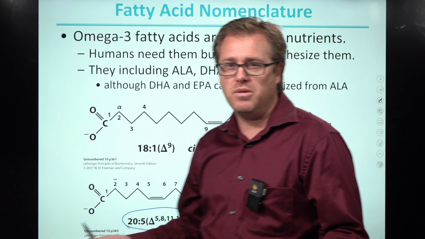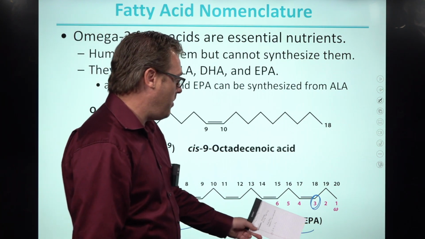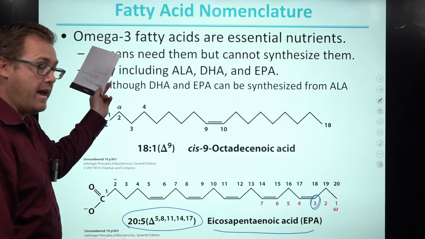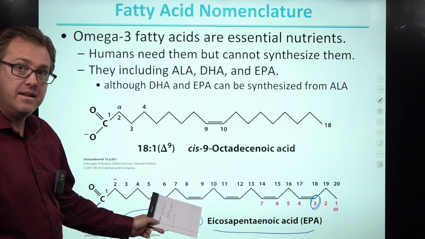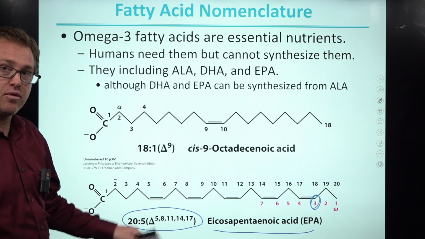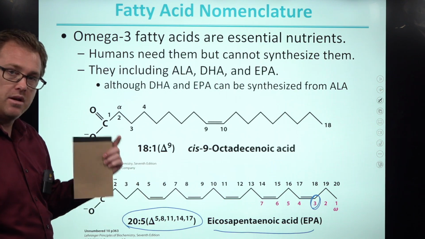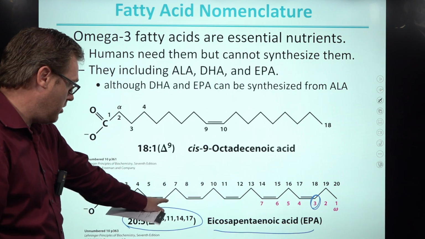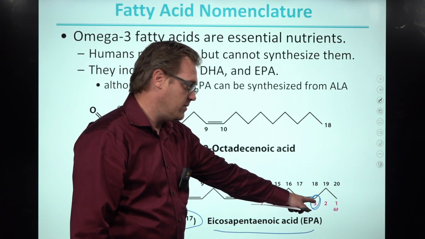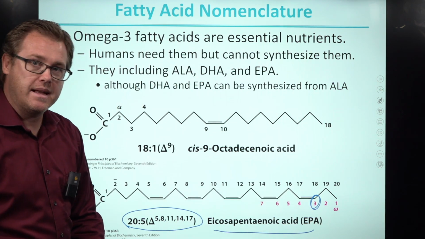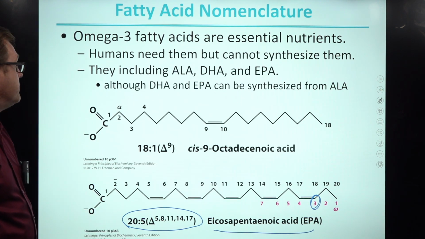So when there are multiple double bonds and we are talking about omega fatty acids, it would be classified as an omega-3 fatty acid. It doesn't matter that there are multiple double bonds. That's just a big blanket term, because we bump into the first double bond at carbon 3. But remember, that's counting from the end opposite the carboxylate end.